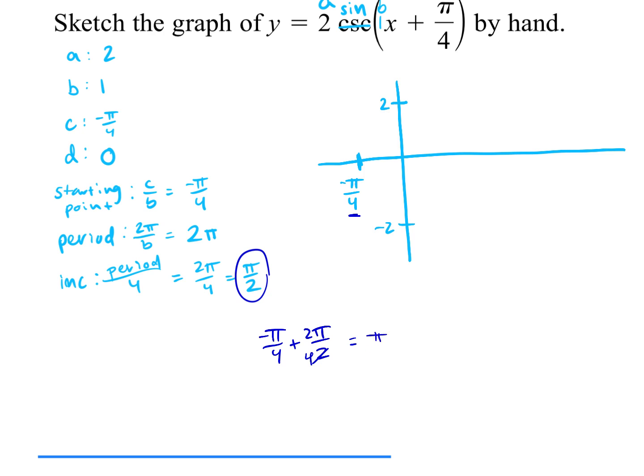So that would be pi over 4. So my next increment is at pi over 4. To find the next increment, what would I do? Add another pi over 2. So this would be 3 pi over 4.